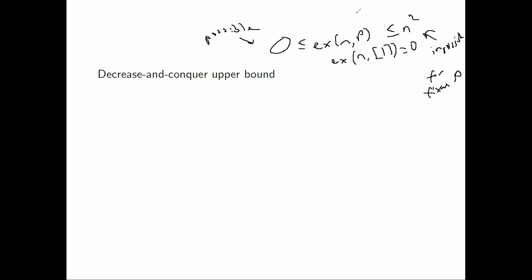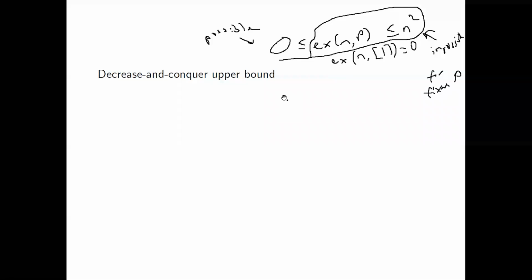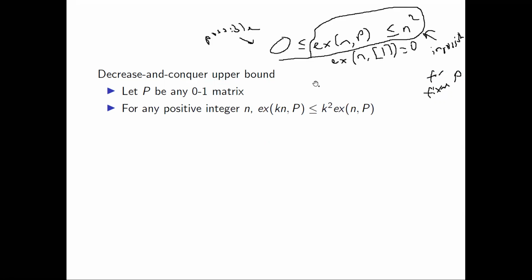So this decrease and conquer upper bound that we're going to see, we have this general upper bound, which is not decrease and conquer. The decrease and conquer one, we're going to take some matrix which avoids P, and we're going to split it in a bunch of smaller submatrices. So suppose that P is our forbidden 0-1 matrix.